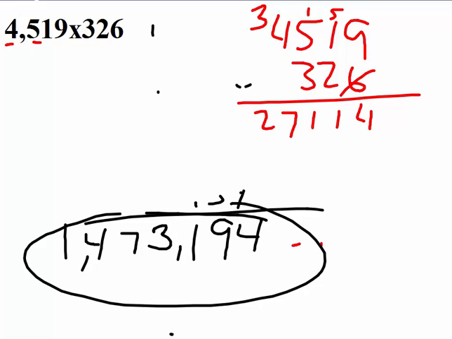I'm in my 10 spots now, so I add that 0 so I can start in my 10s. 8, carry the 1. 3, 10, carry the 1. 9, 6, oops, there's my mistake. It's 2 times 4, which is 8.